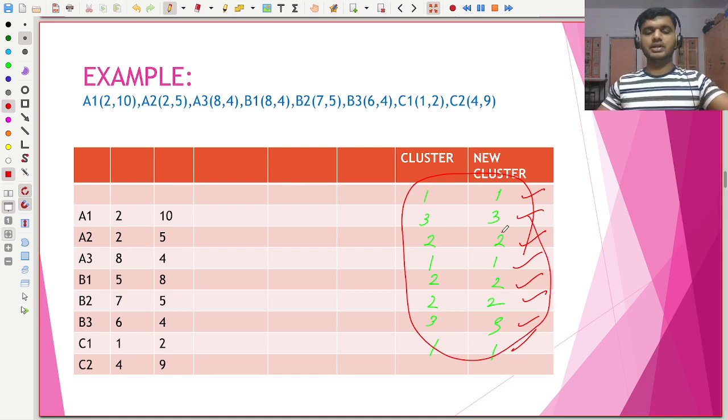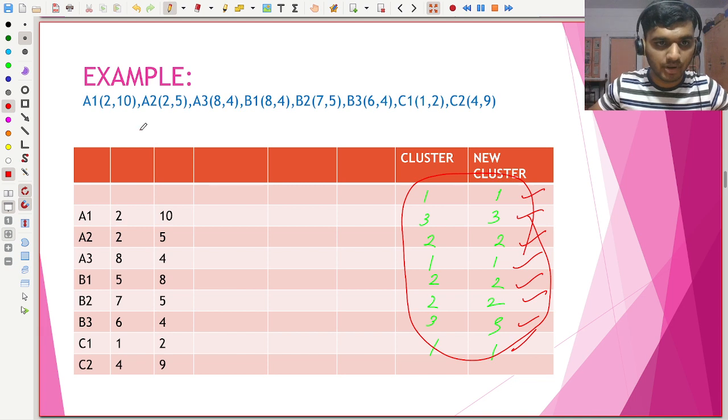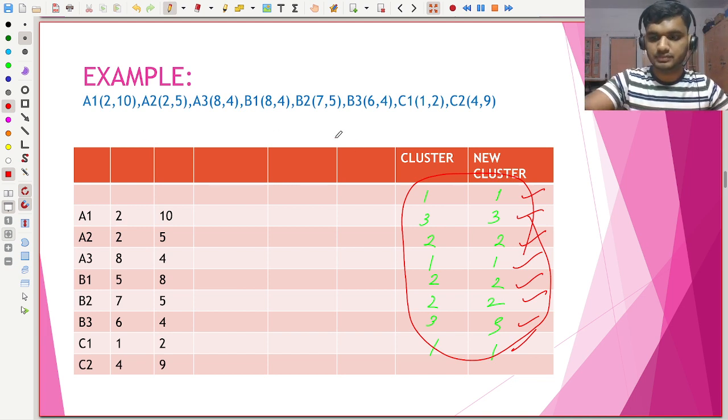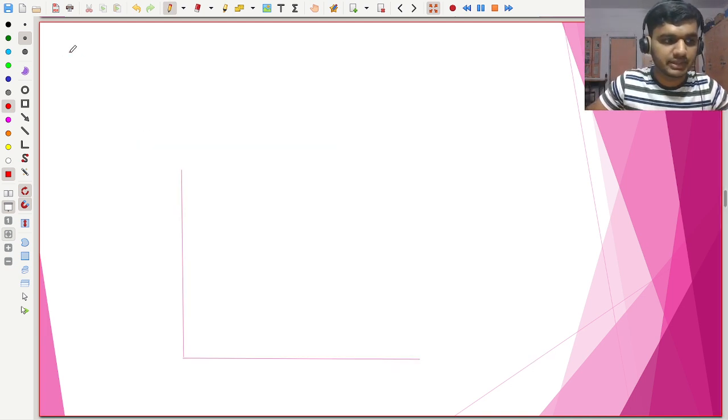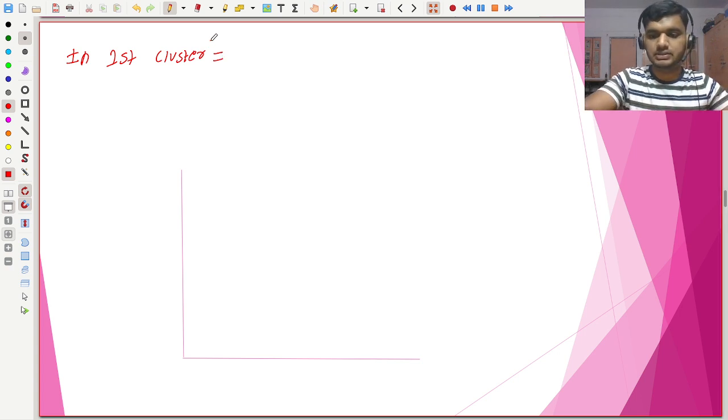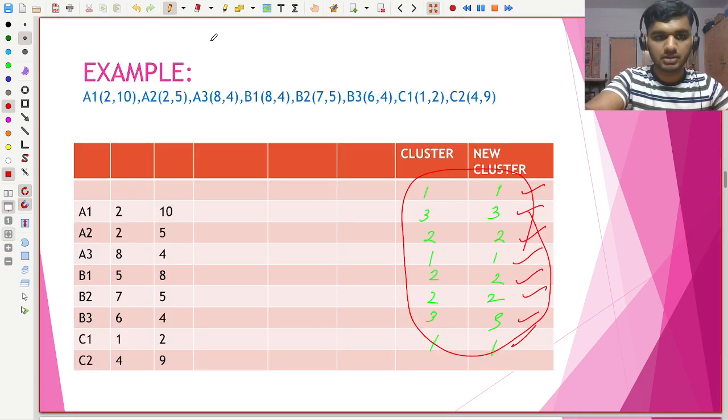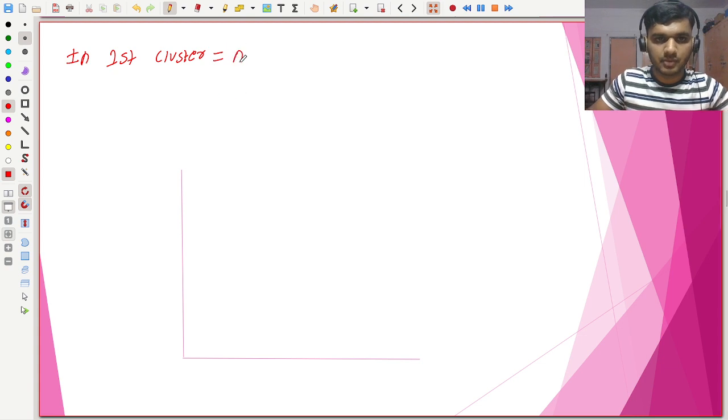Okay. And write your answer. In cluster 1, the points present are A1, B1, C2.